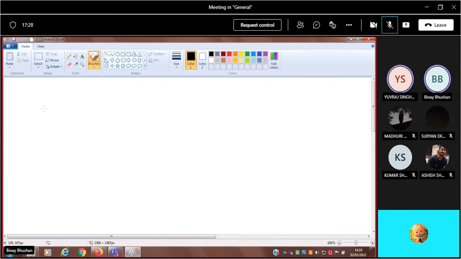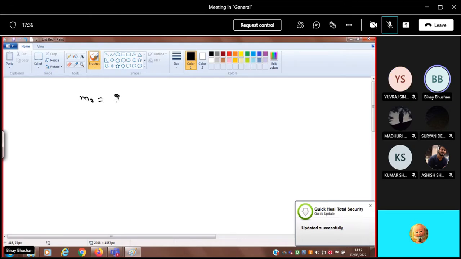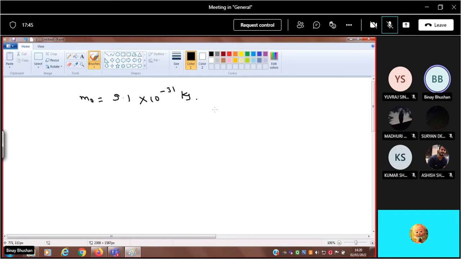Find the mass of an electron. The rest mass of the electron is given, 9.1 into 10 to the power minus 31 kg. And this electron is moving with speed v equal to 0.99 c. So what is the mass of this electron?